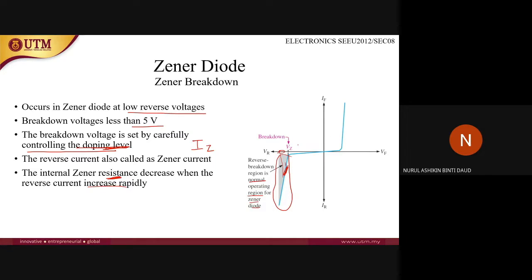So VZ here represents the Zener voltage. IZ here, that was IZ from before, usually represents the Zener current. VR represents reverse voltage, VF forward voltage, IF forward current, and IR reverse current.